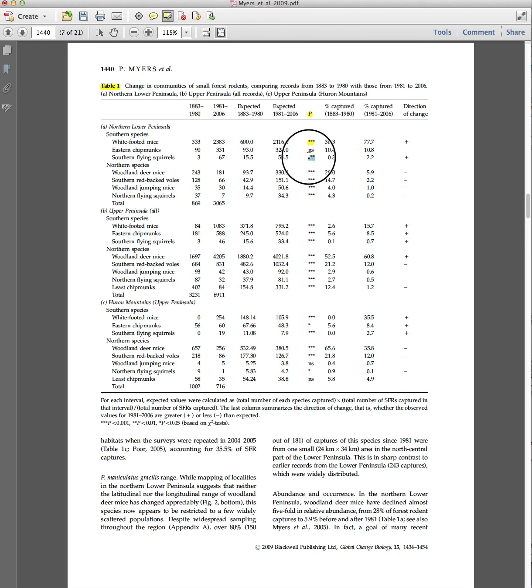So look at the trends for northern versus southern species, which ones are significant, if it's a positive or a negative in terms of direction of change. And they're looking at records, right? So percent captured.